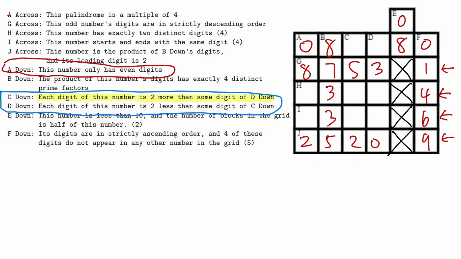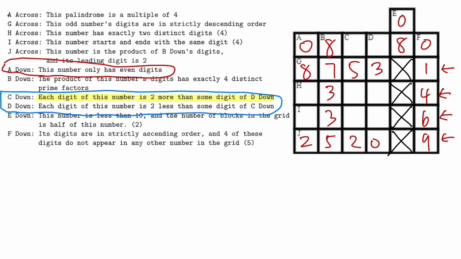Meanwhile, D down says each digit of this number is 2 less than some digit of C down. Whew. What exactly do they mean by that? Well, let me explain. As you can see, D down right here, 3 is 2 less than 5. Good. And also 0 is 2 less than 2.